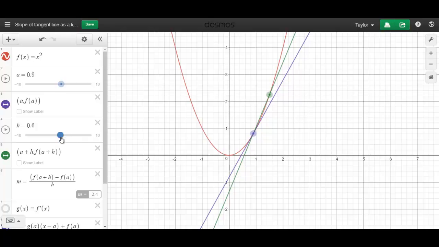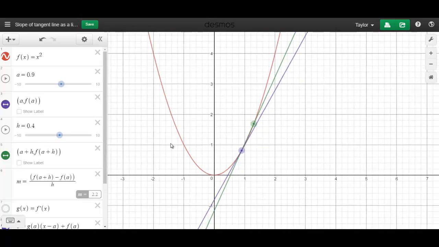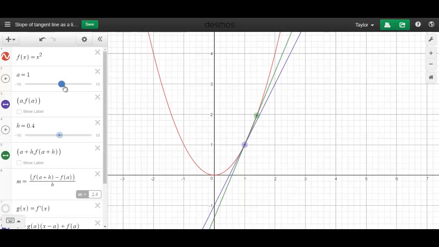So you just go over here and you make the h smaller. The purple is the tangent line. That's the line that just barely touches, and at this point it's a equals 1, just like we were working with previously.